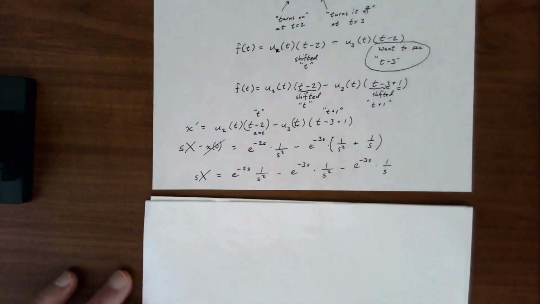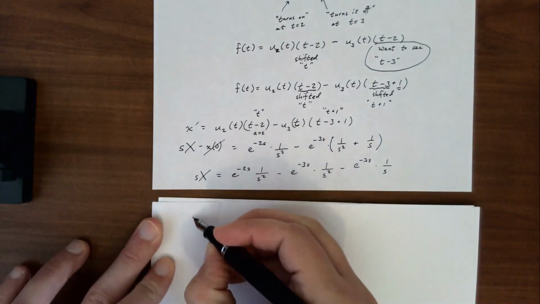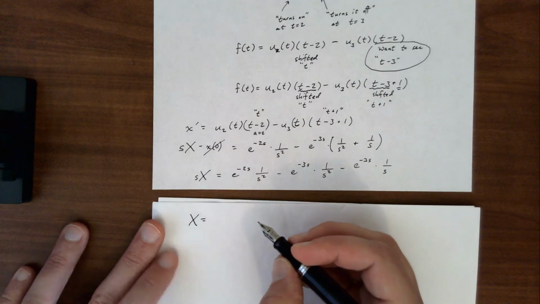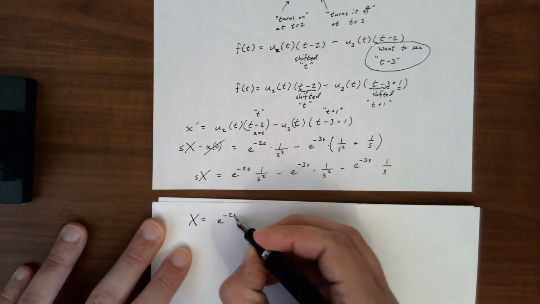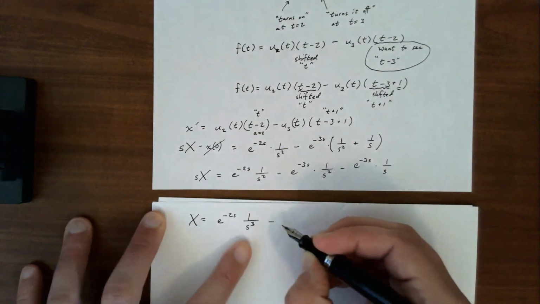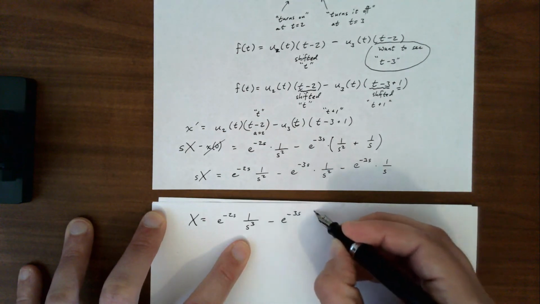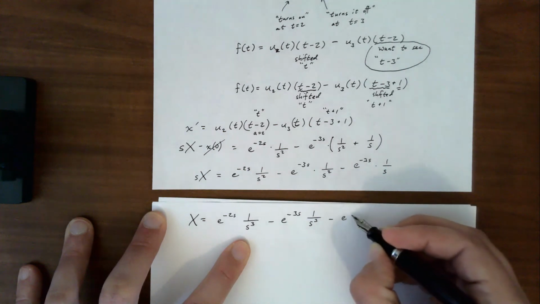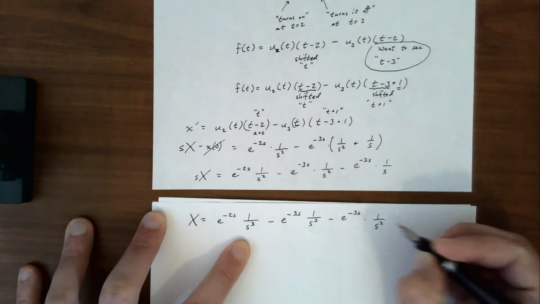But now, I just continue solving for the x. So that would involve here dividing by the s, which would mean we've got e to the negative 2s, 1 over s to the third, minus now e to the negative 3s, 1 over s to the third, and then for the last term here, e to the negative 3s is 1 over s squared.